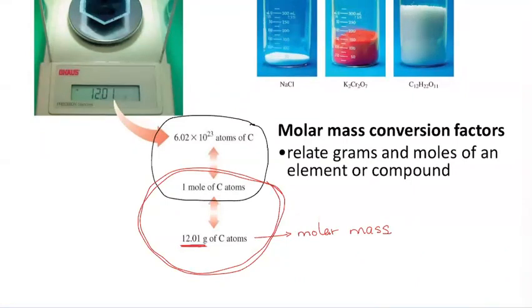So what this is referring to is that in 1 mole of carbon, there's going to be the atomic mass of carbon, 12.01 grams. That's what it is equivalent to. That's why molar mass has units of grams per 1 mole.